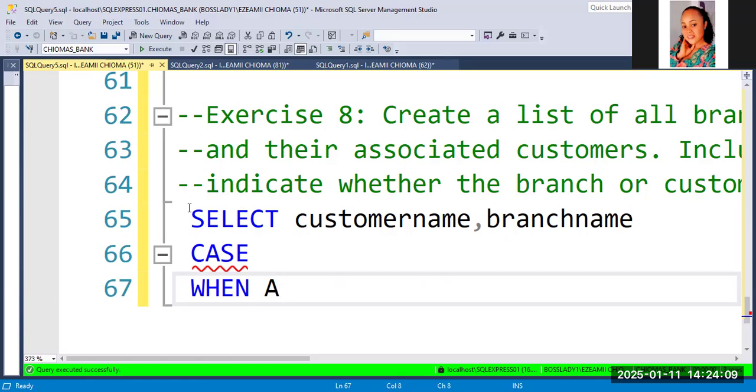All right. So let's do a customer table, when branch ID is null, sorry, let me use capital letters. If branch ID is null, just tell us that branch is missing, all right?